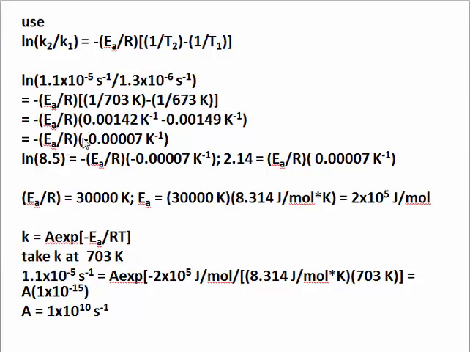Negative times a negative is a positive, so the right-hand side, or product of these two, will be a positive number. The left-hand side is the natural log of 8.5.